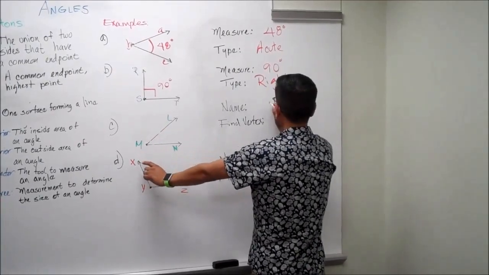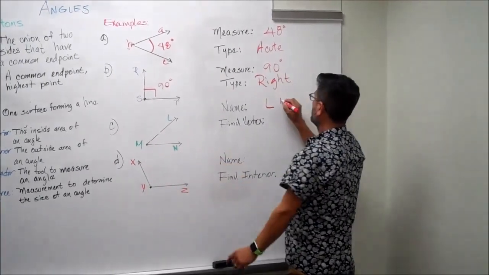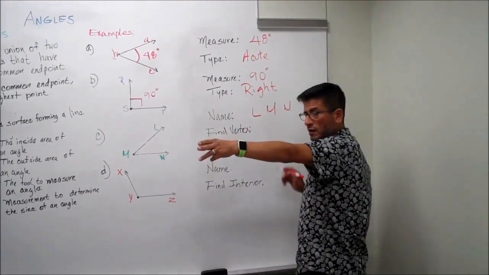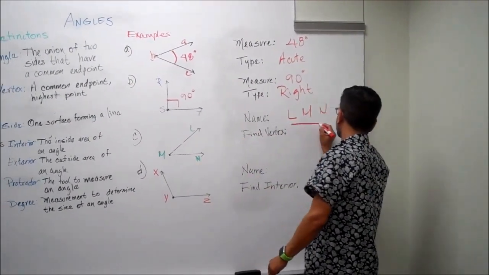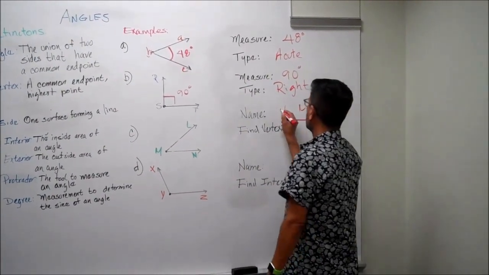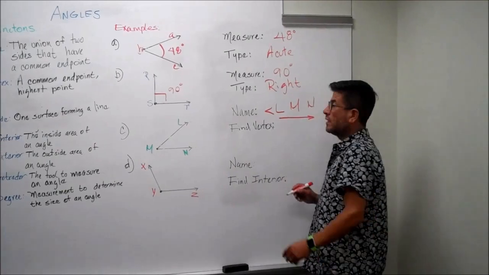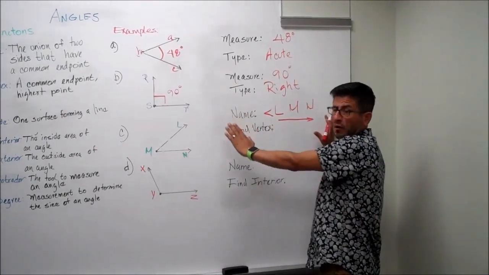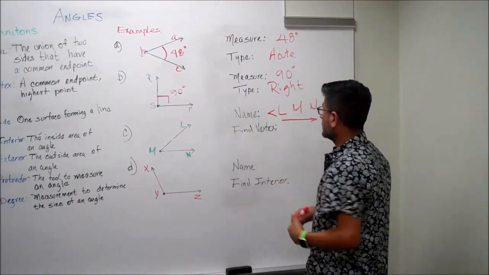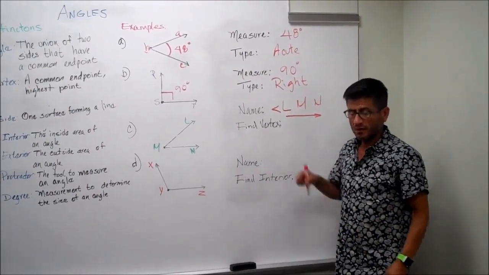L, M, N. So you went from left to right. You do a little arrow pointing to the right, and a little symbol for angle. And that's how you name your angle. L, M, N.